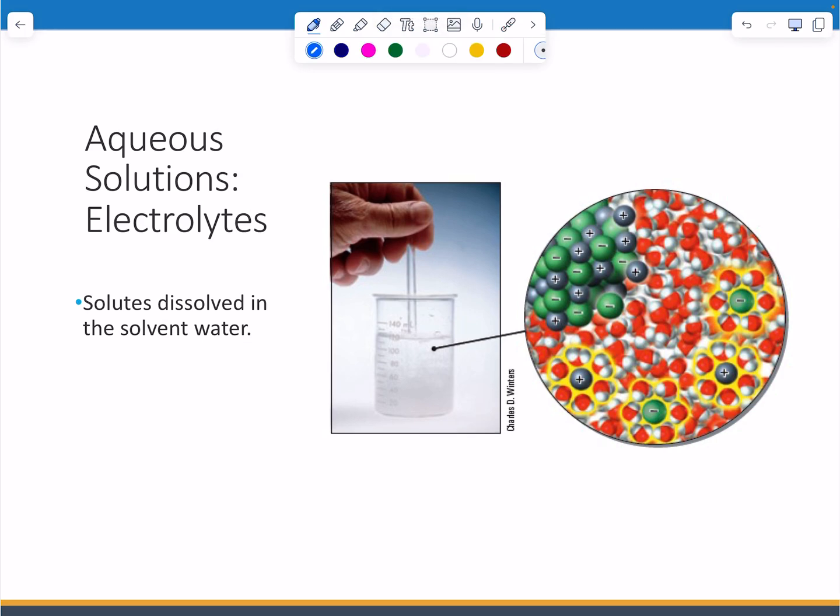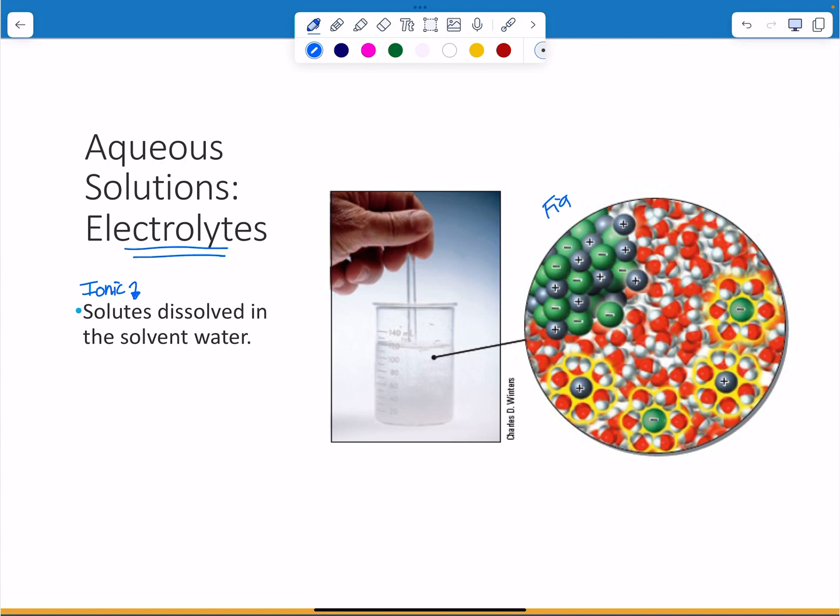Another term that we can use when we're talking about things dissolved in water is electrolytes. Electrolytes are what you get when you have ionic solutes dissolved in the solvent water. So this figure shows the process of dissolution, because if you'll notice, it is not showing a homogeneous thing right now.